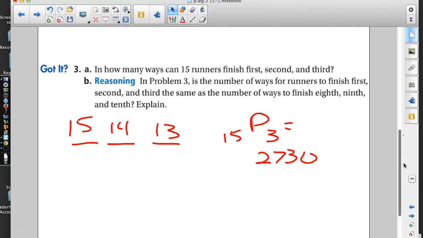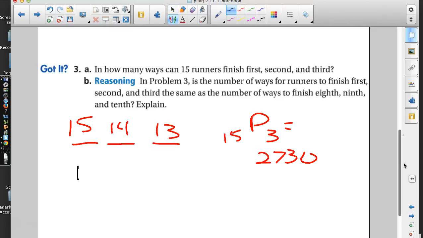As I was walking around, I saw quite a few people had yes, but there were some people that had no. So the question is, does it matter that you're ordering them in first, second, and third place versus 8th, 9th, and 10th place if you know absolutely nothing about the runners to start with? It doesn't make any difference, because we're still just counting.